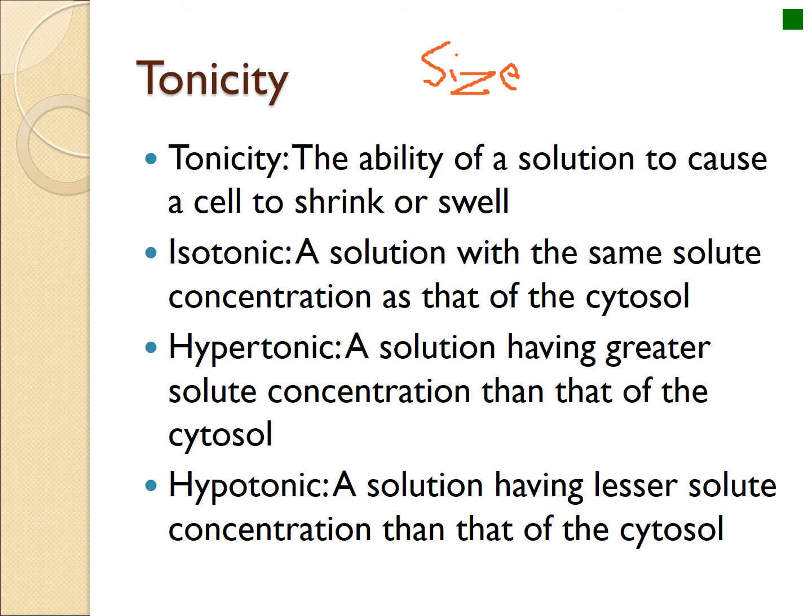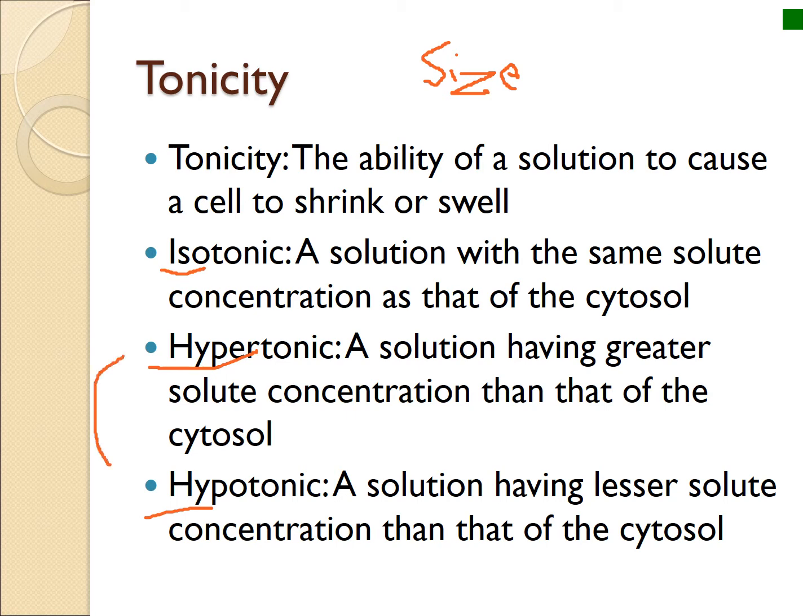So we're going to use these terms called iso, hyper, and hypo. These are actually prefixes. Iso means equal, and usually refers to an equal environment inside and out of a cell. Hyper could mean that there's something greater on one side versus the other, and hypo means something is relatively less than the other side.